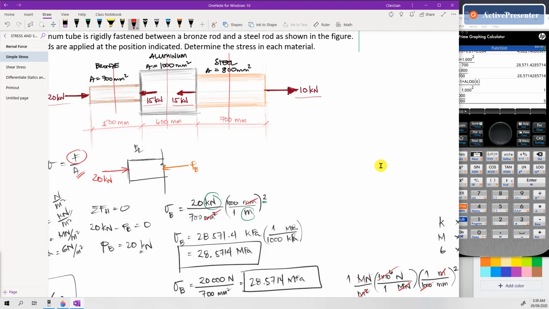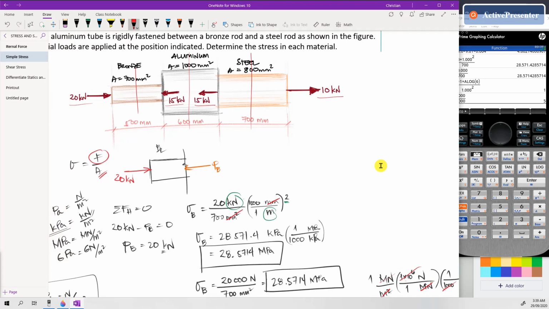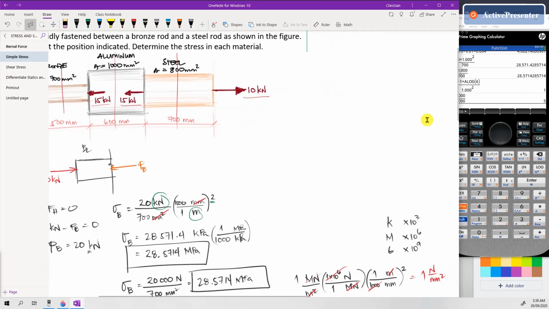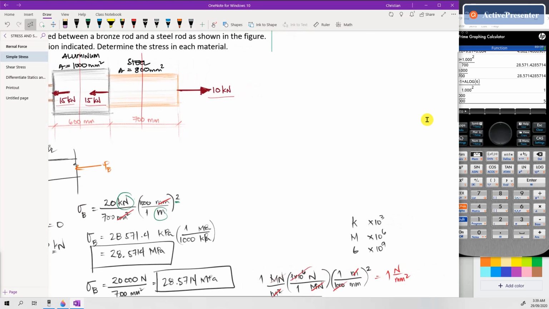Pero let's compare kung ano yung makukuha nating actual force, internal force dun sa steel, if we compare yung dalawang side. No? Okay? So, dito na lang.